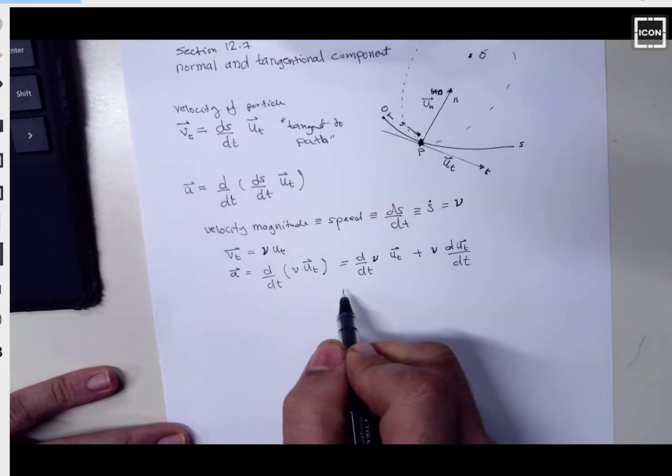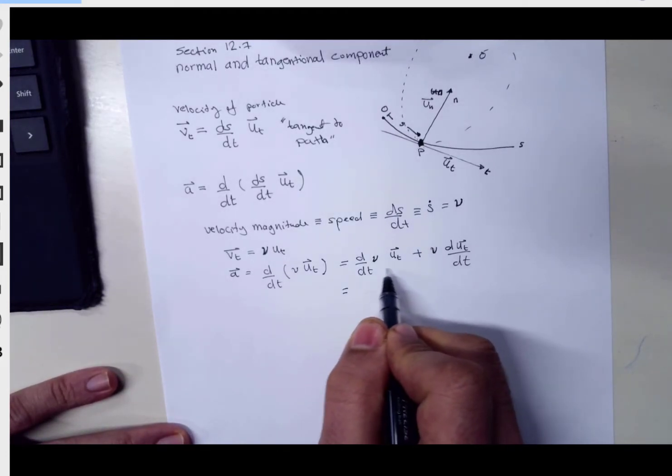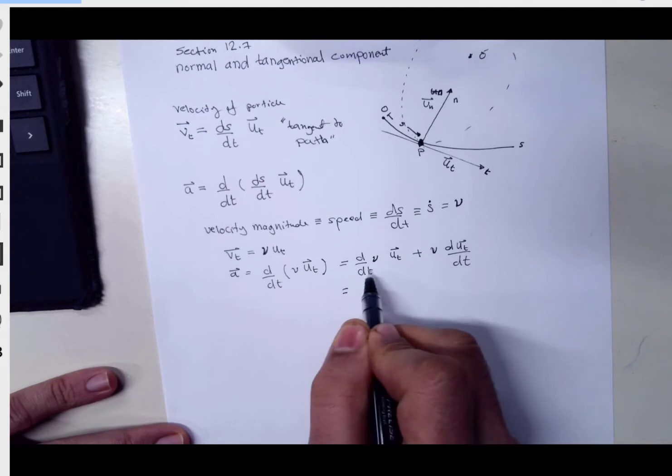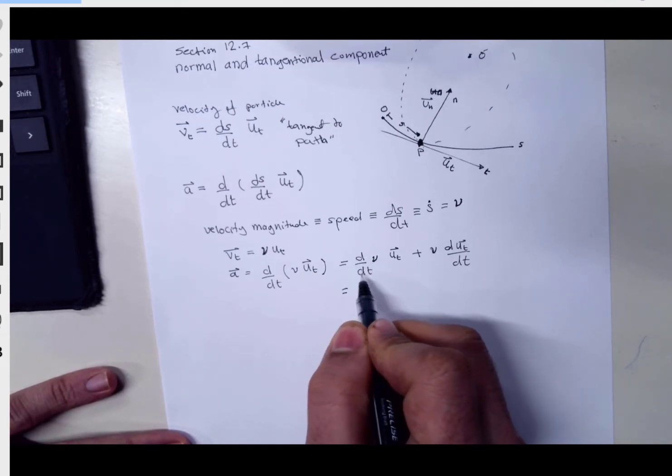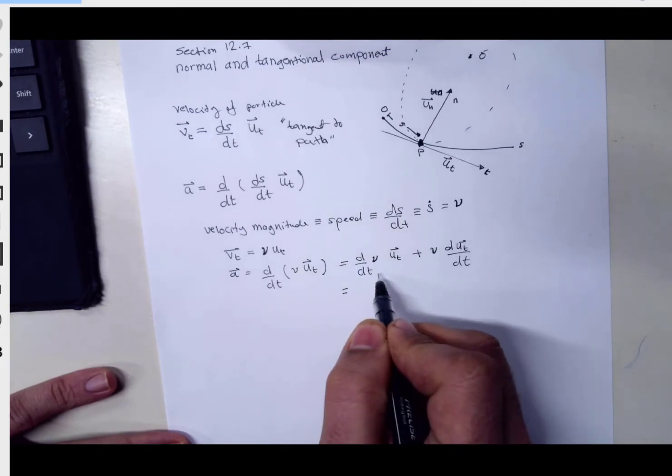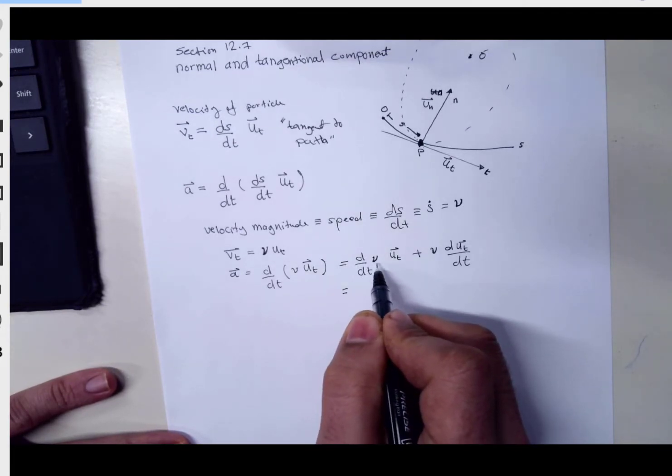Now, as you can see, this represents the component of the acceleration along the tangent, and this is the rate of change of the velocity magnitude.